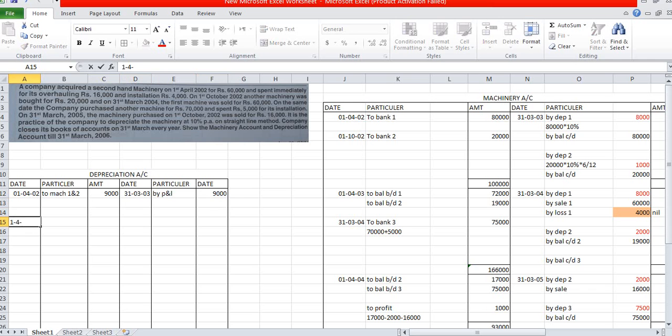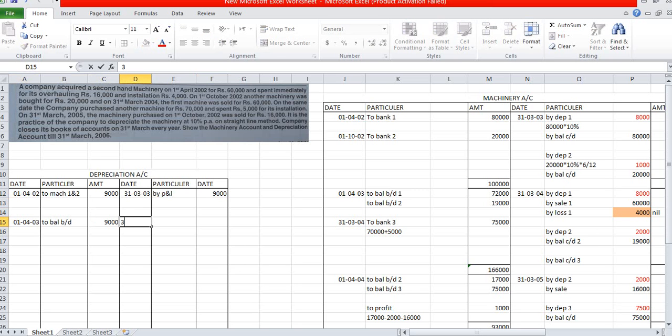First April 2003, to balance brought down, 9,000.